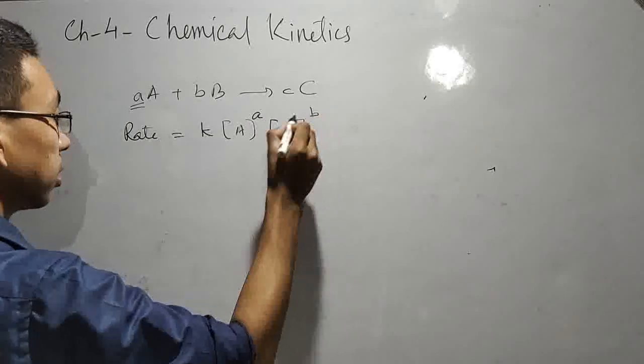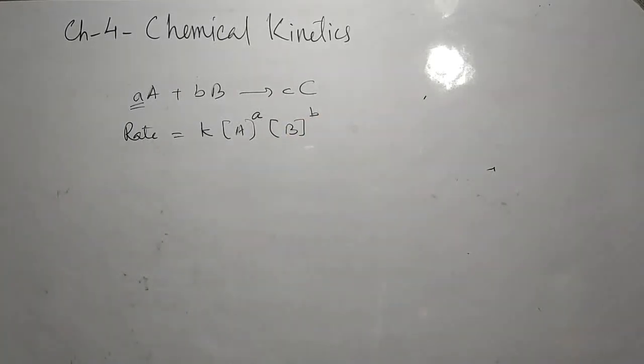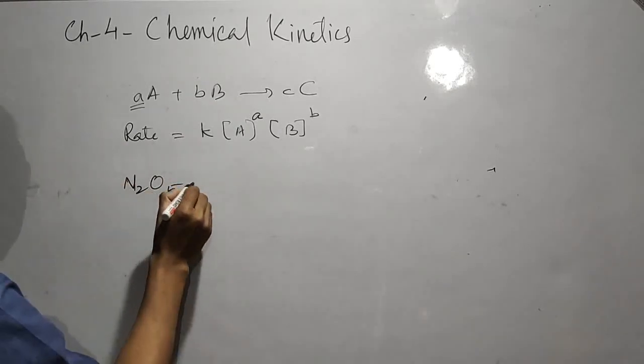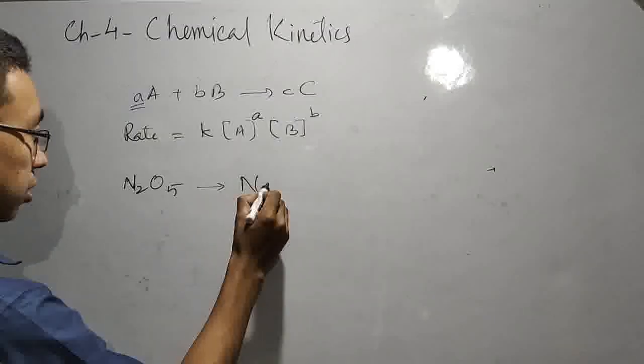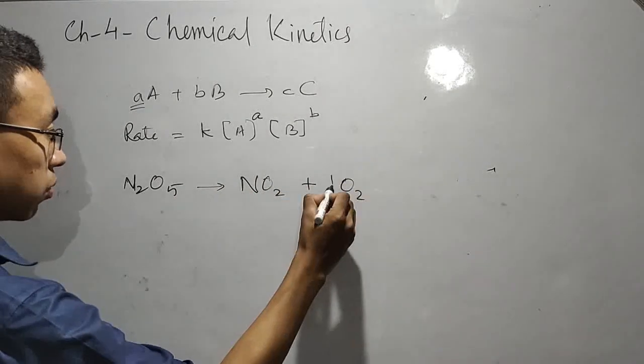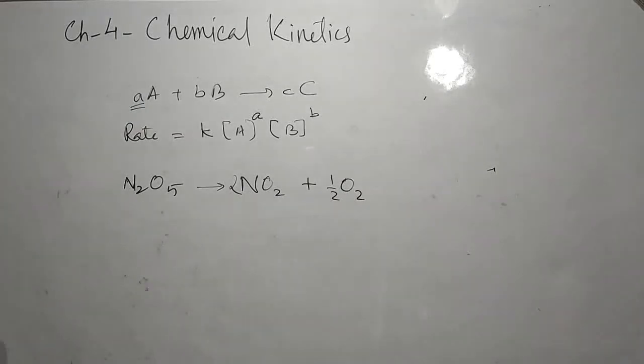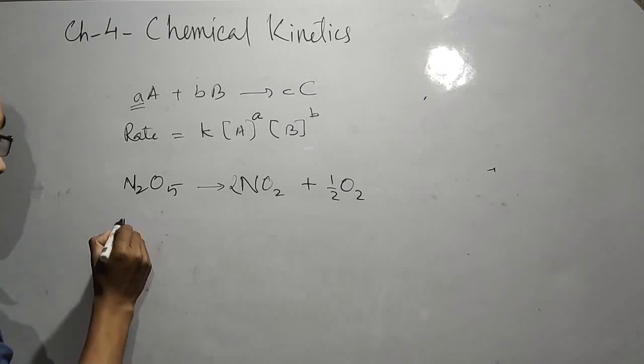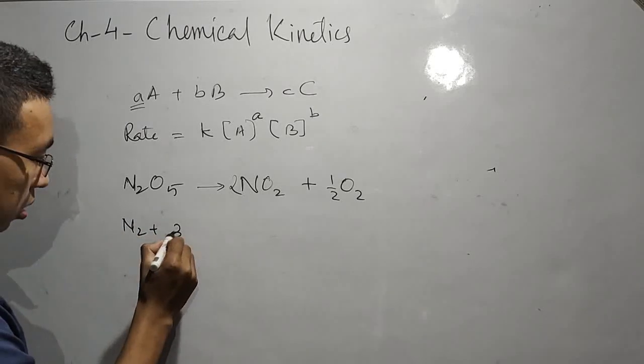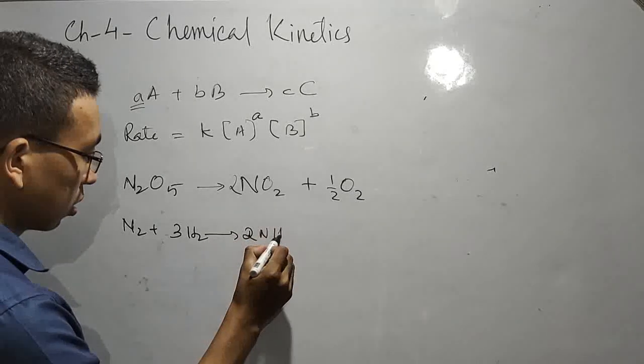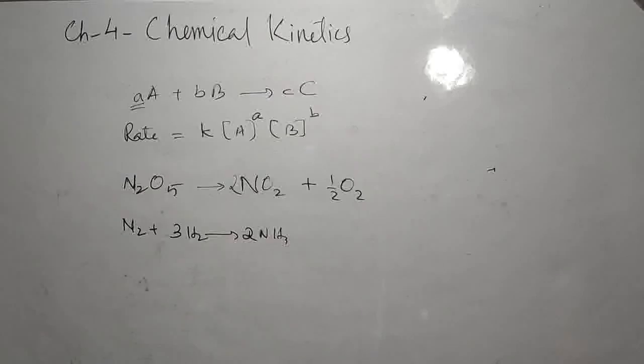Now I want you to try one example: N2O5 dissociates to give N2 plus half O2. Try this one and find the rate for this particular reaction, and for these two reactions find the rate according to the law of mass action.